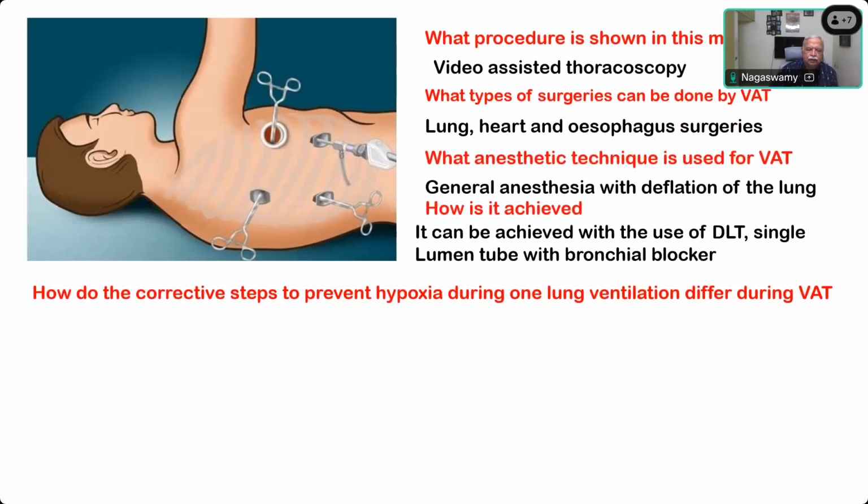How do the corrective steps to prevent hypoxia during one lung ventilation differ between other surgeries where there is an open surgery and video assisted thoracoscopy?